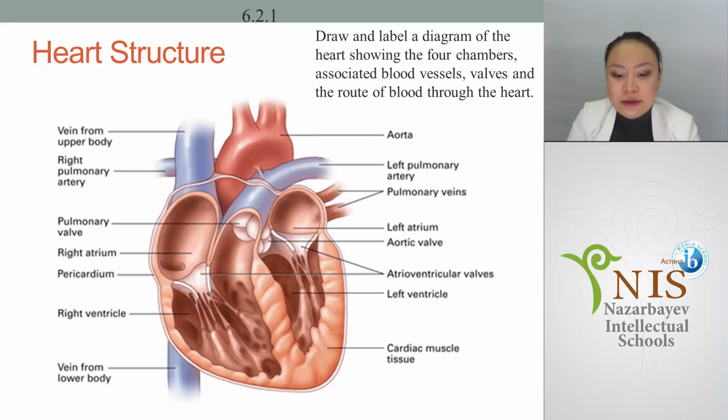Okay, and look at the left side of the heart. Here you could see the left atrium and left ventricle, and of course you could find here also the atrioventricular valve in this side. The function is the same as in the right side.